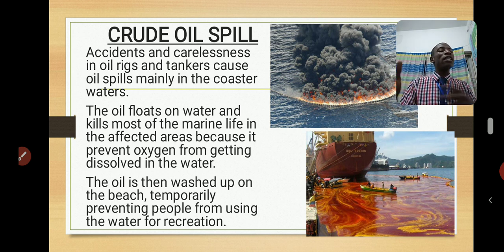Now, in those areas in the Niger Delta of Nigeria, you will see that we have a lot of agitations there, this one militant, that one militant. And what are they actually fighting for? They are fighting for their resources, their water resources that is being polluted by the day.